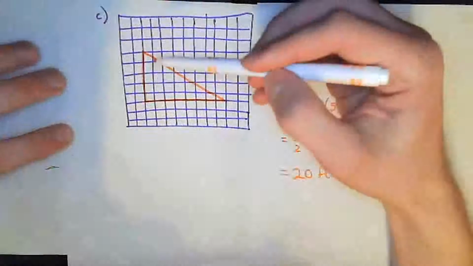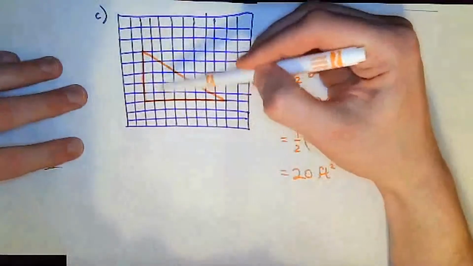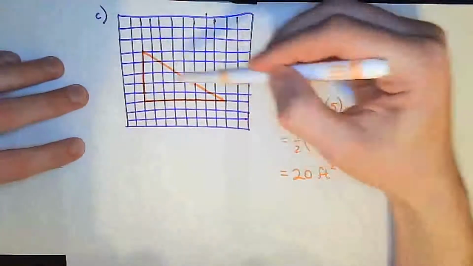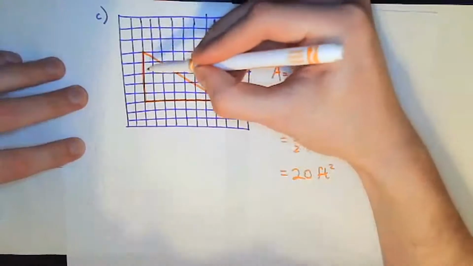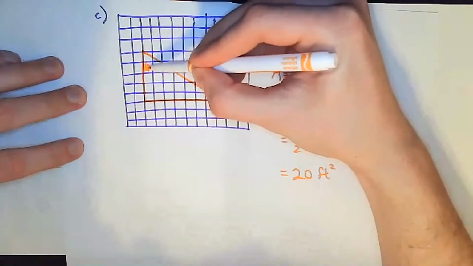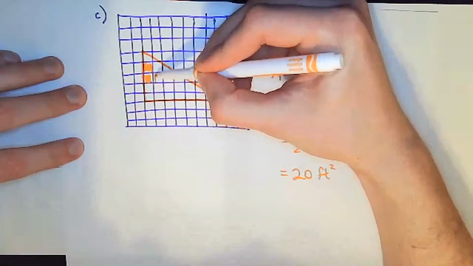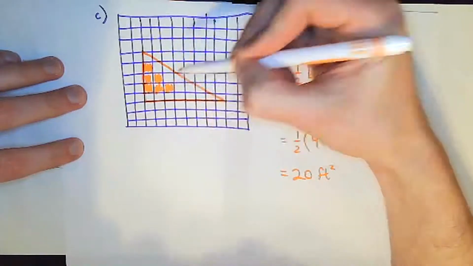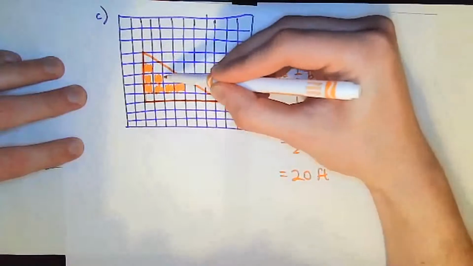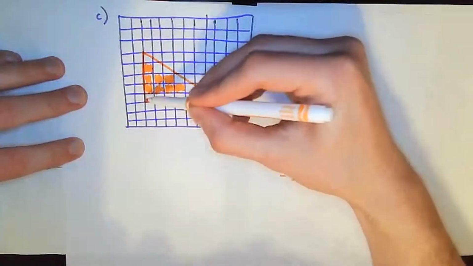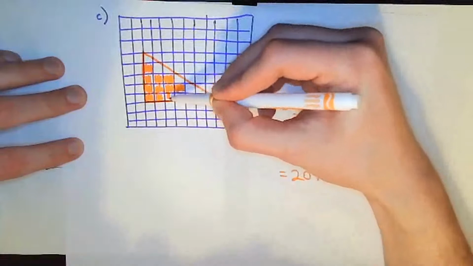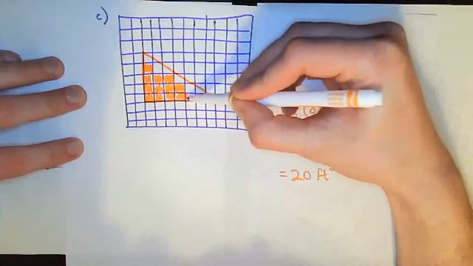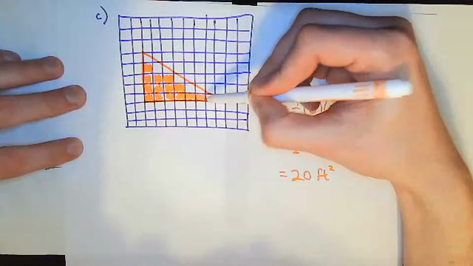So if I color this in, it's not going to be totally clear that it's 20 feet squared. But let's see, if I get the full blocks, there's 1, 2, 3, 4, 5, 6. This one's full. 7. I guess this one's full too. 8, 9, 10, 11, 12, 13, 14.